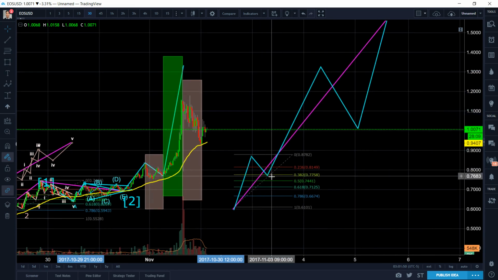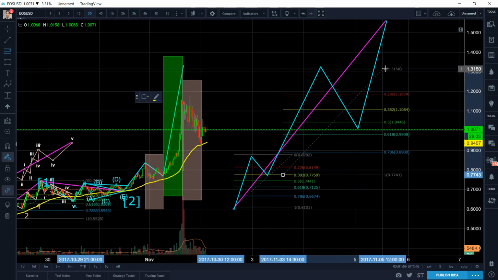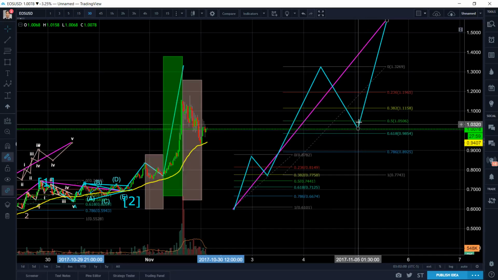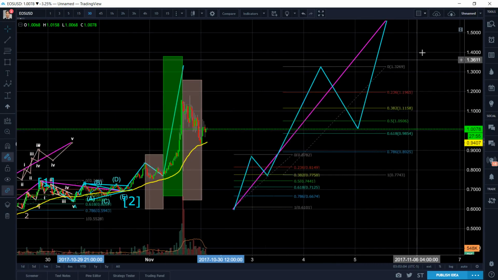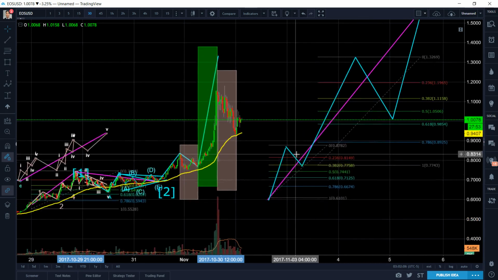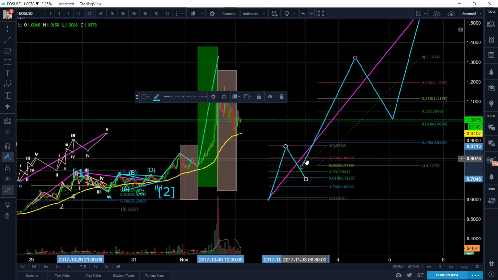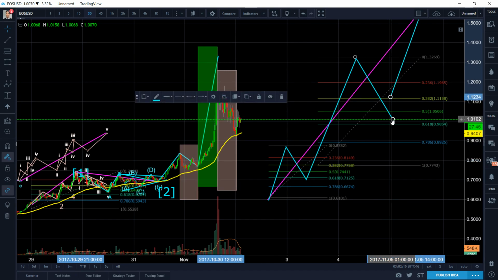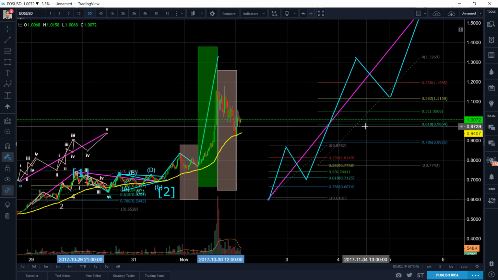Because there was a lot of bullish market sentiment to go up, and it did not correct a lot, it means the wave 4 correction will possibly correct between 0.5 and 0.618, usually bouncing off of the EMA. But if this one actually corrected a lot, to say 0.618, then that means that this particular wave right here will only correct to about 0.382. It's the opposite of each other.